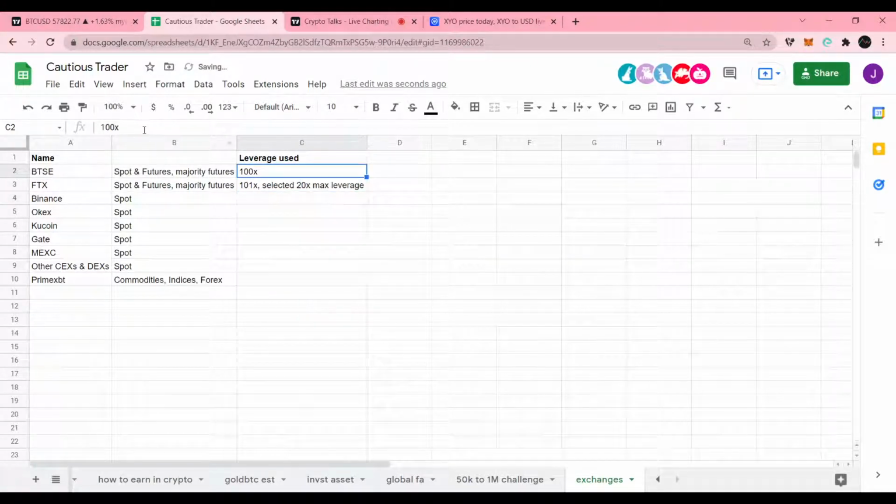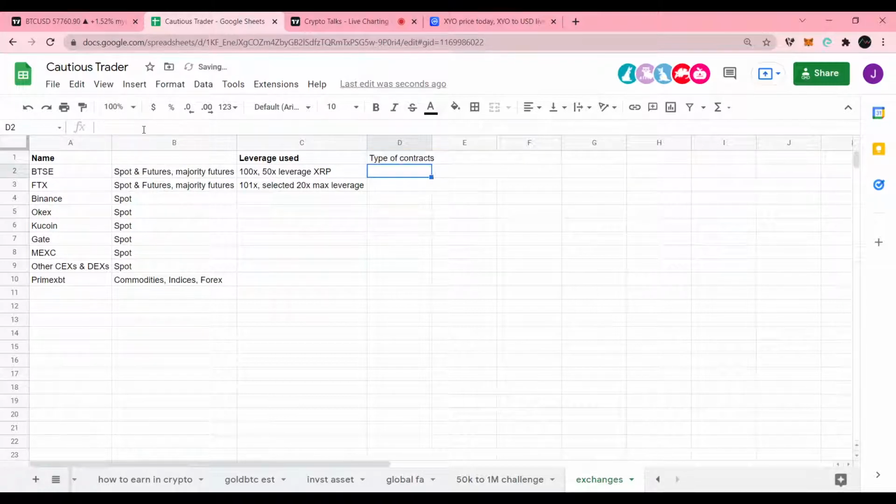Even here, for XRP and the rest, it's 50 times leverage. I used this in types of contracts.